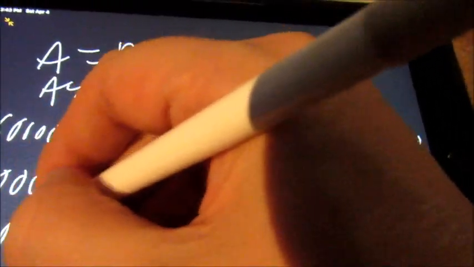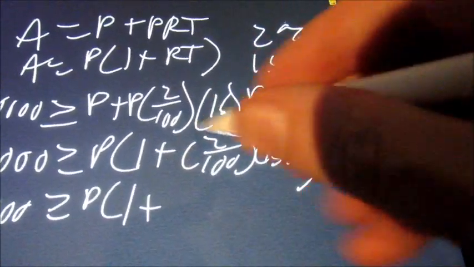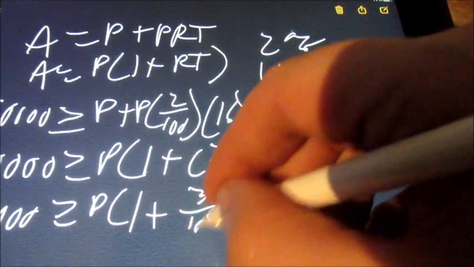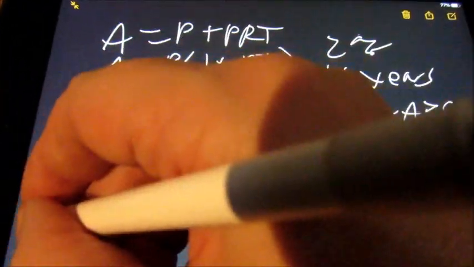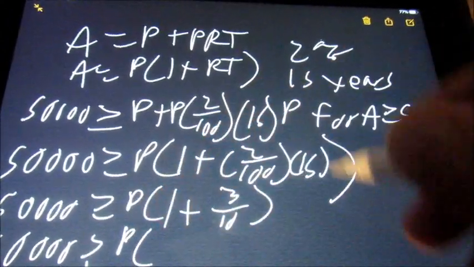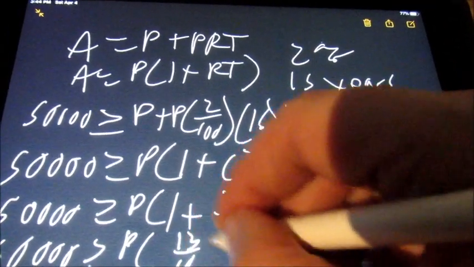And we're going to get 50,000 needs to be here. 1 plus 30 over 100, which is 3/10. And that's going to be a total of 13/10.